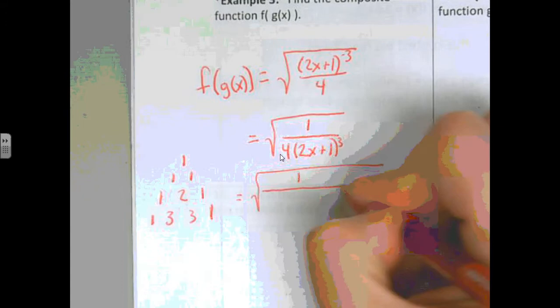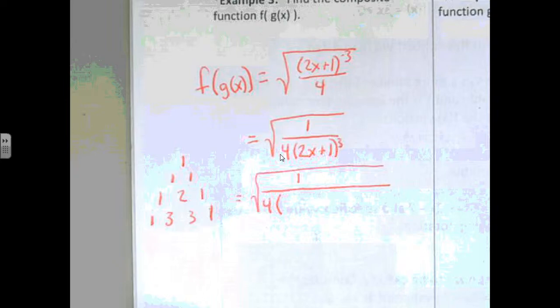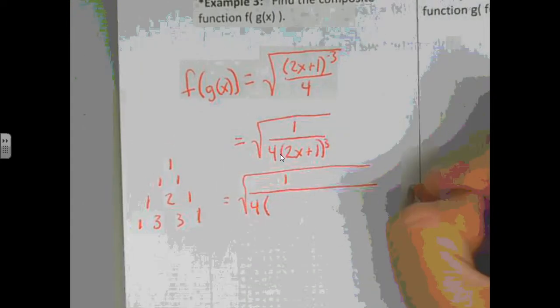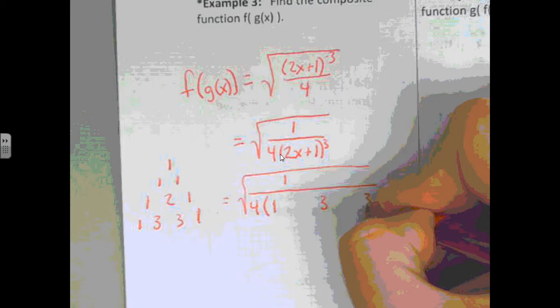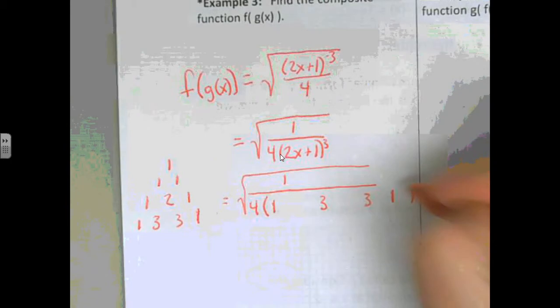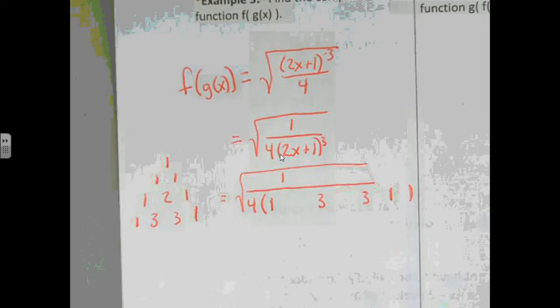Big old square root, 1 over 4 times. So you start out by writing the numbers: 1, 3, 3, 1.